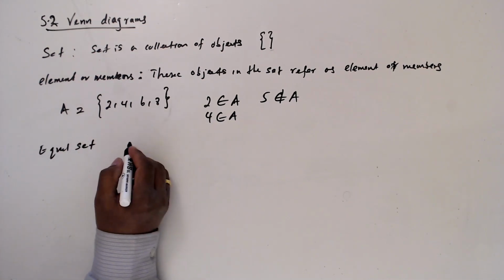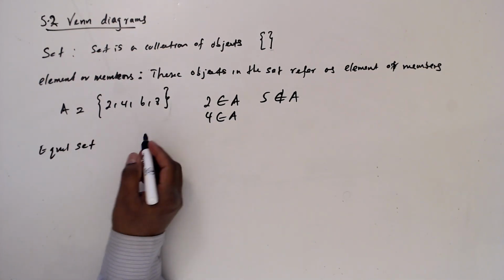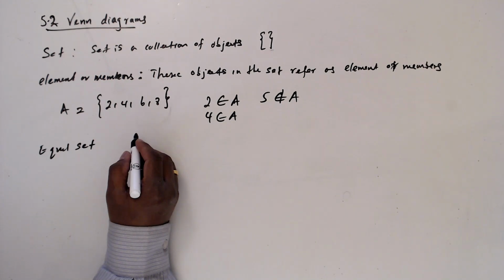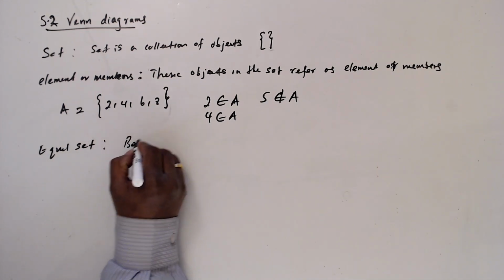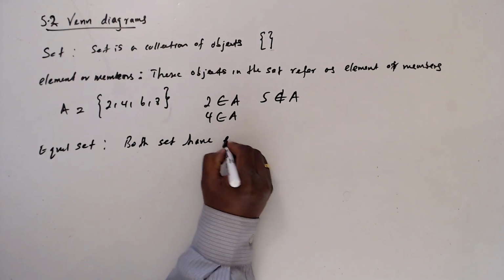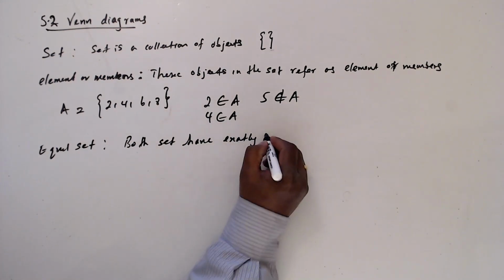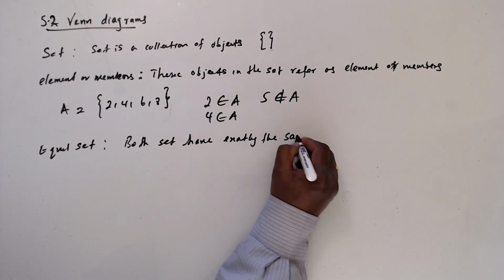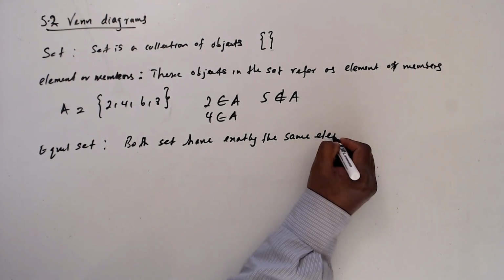Equal sets: both sets have exactly the same elements.